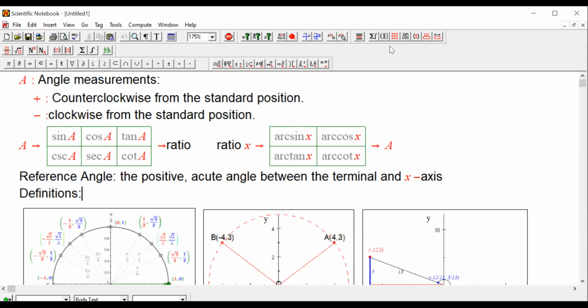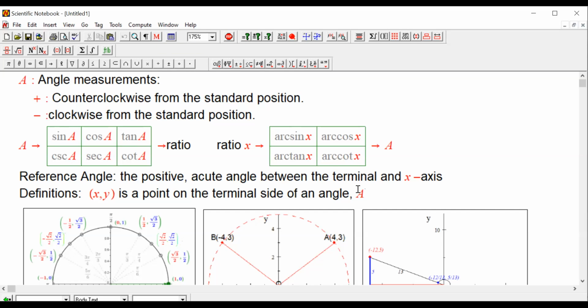Definitions. Okay. Now, in the definition, okay, we have set a state, and that state is that we assume that there's a point, okay, x comma y is a point on the terminal side of an angle A, right?